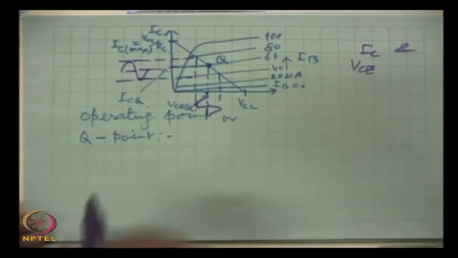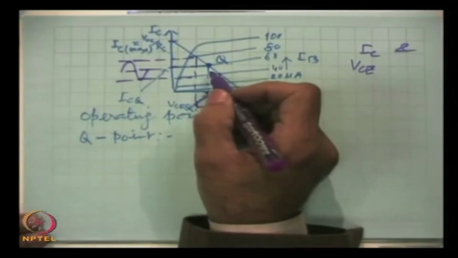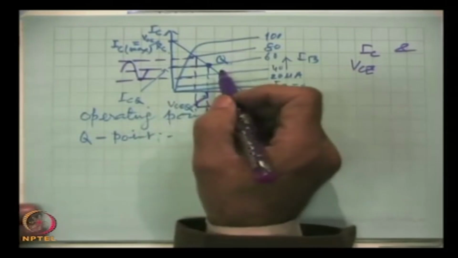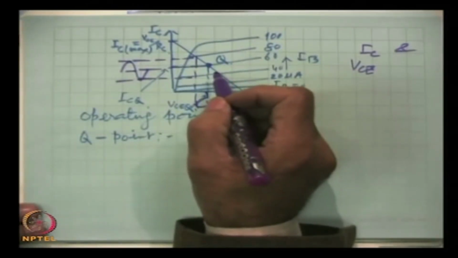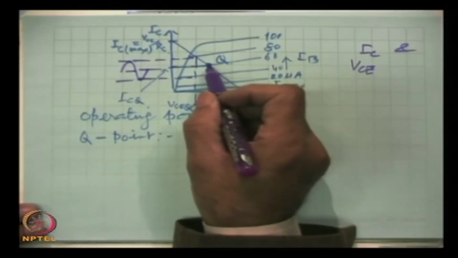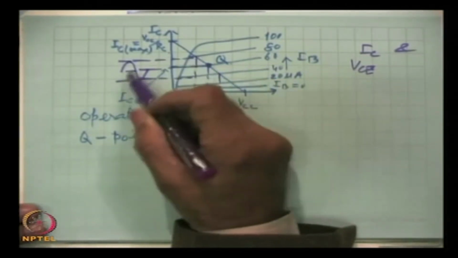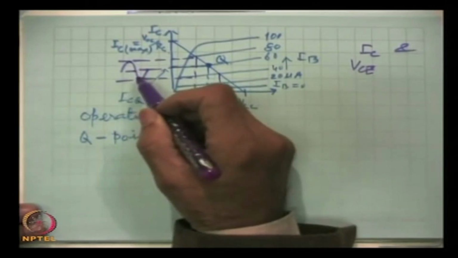Now, this Q point, the operating point, may shift, and I will tell you what the reasons for the shift are, and we have to choose the operating point properly. If it shifts closer to the saturation region, then the output will be distorted.